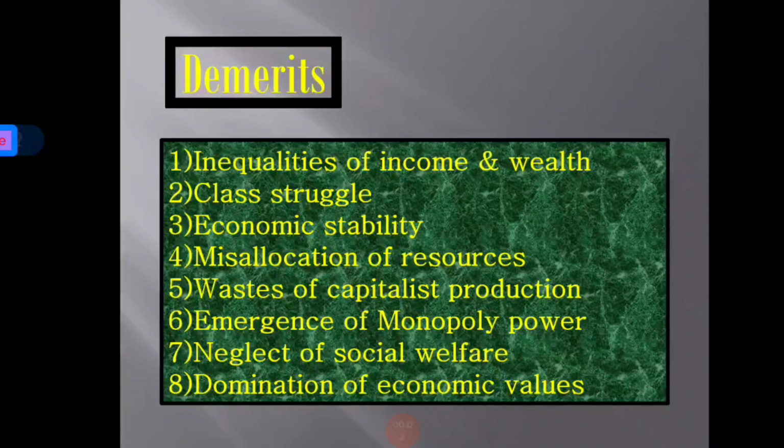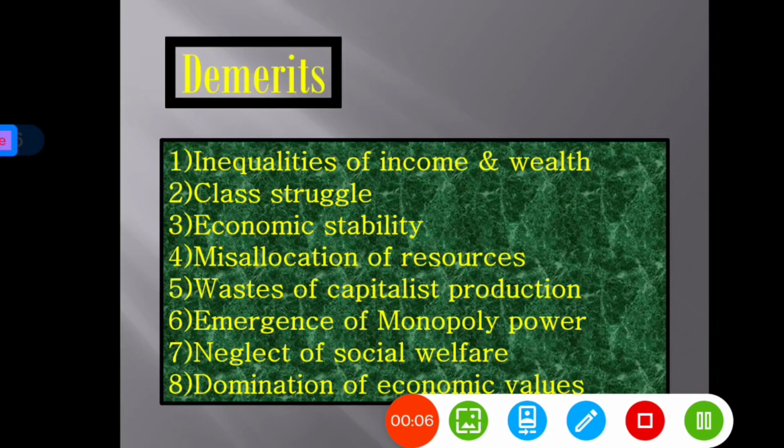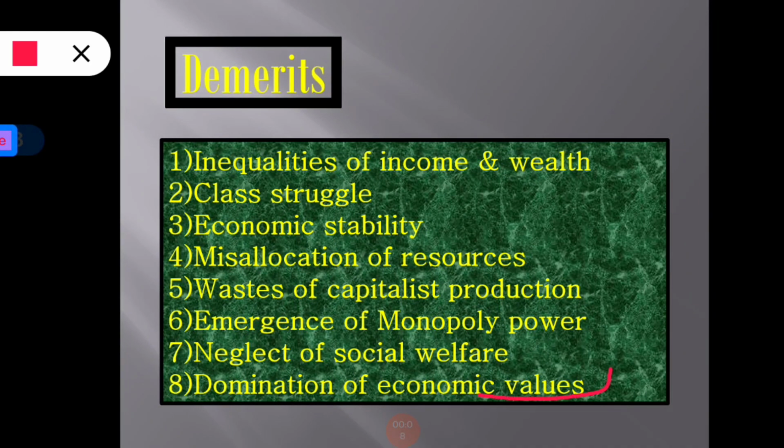Last but not the least, that is the domination of economic values. The capitalist economic system has promoted materialism, so it has given more emphasis to monetary values and self-interest, and earning money has become the main purpose of life.